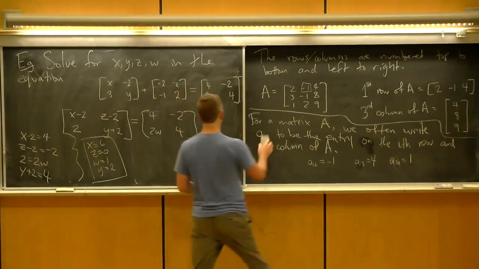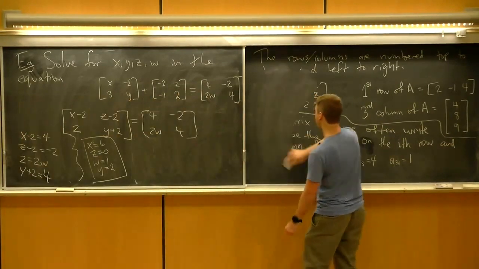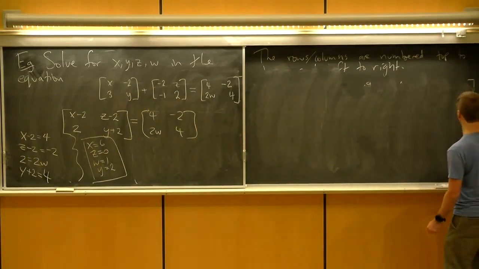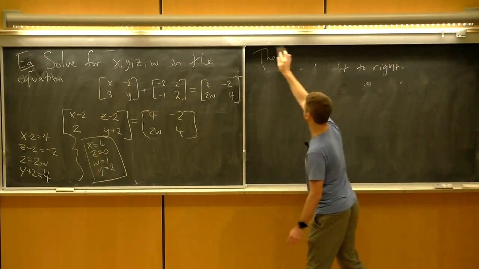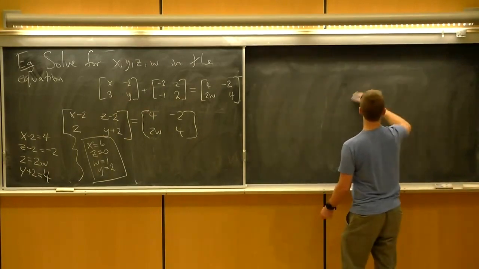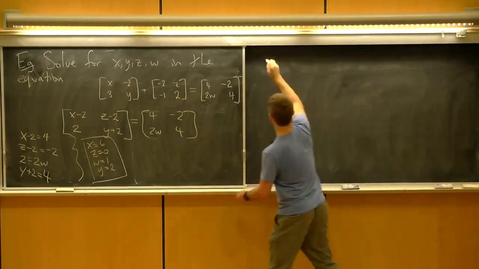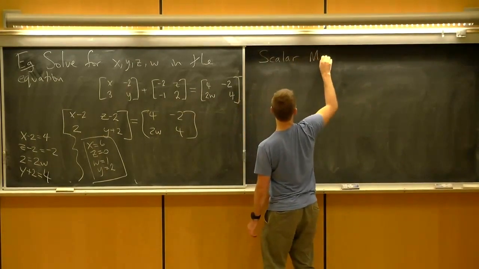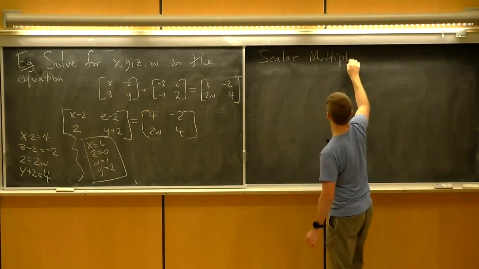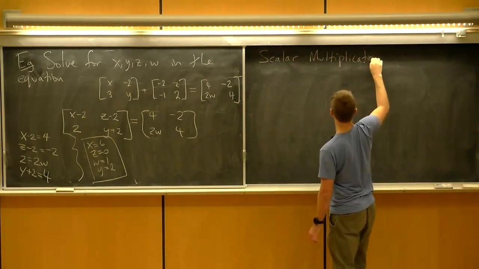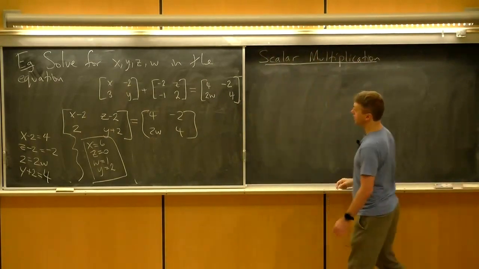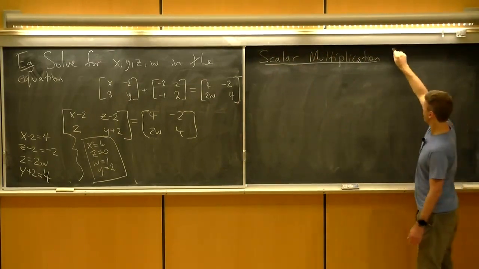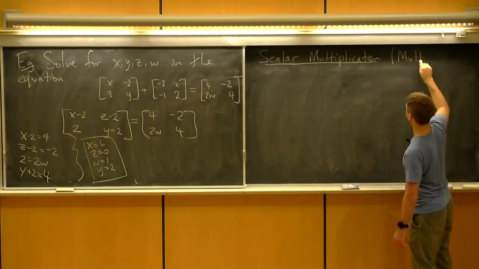Let's now talk about something called scalar multiplication. Scalar multiplication is just a fancy word for multiplying a matrix by a number.